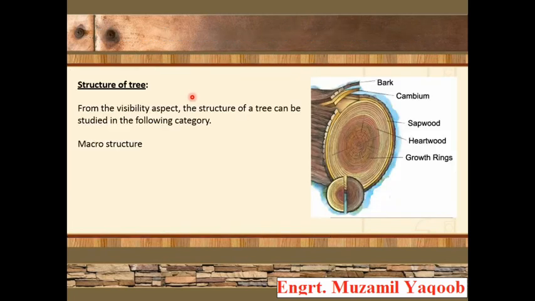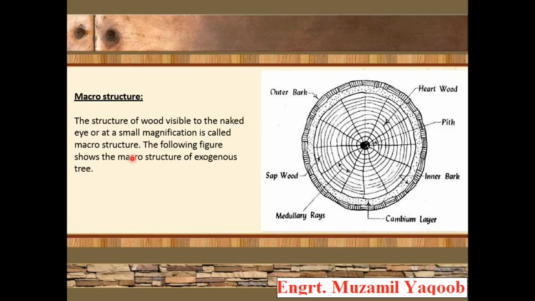Now let's discuss the structure of a tree. From the visibility aspect, the structure of a tree can be studied in the following categories. The first category is known as macro structure. Macro structure means the structure of wood visible to the naked eye or at a small magnification.